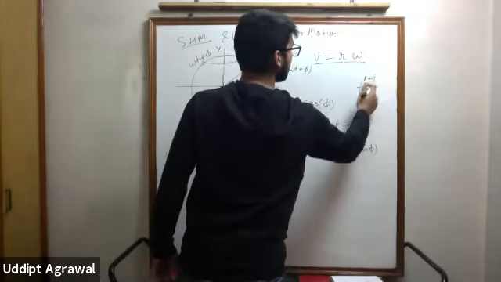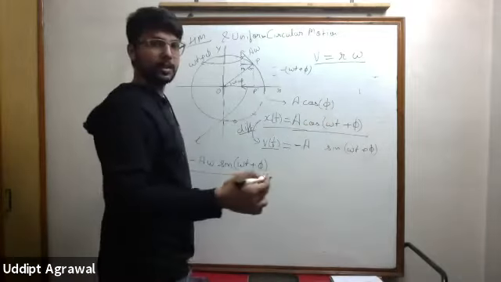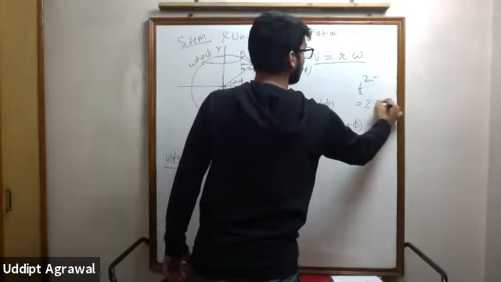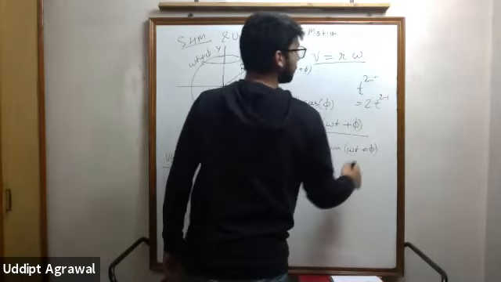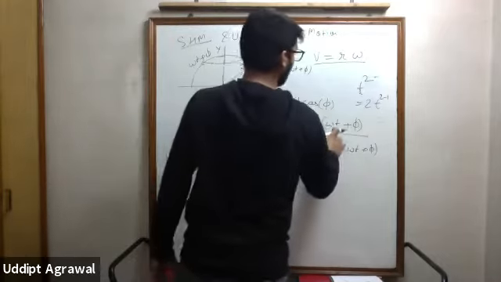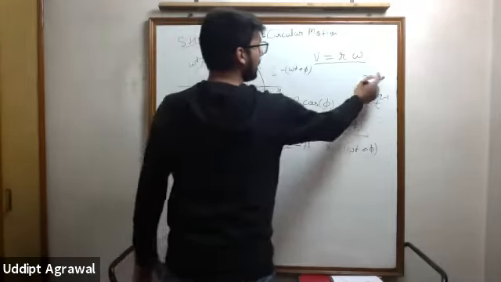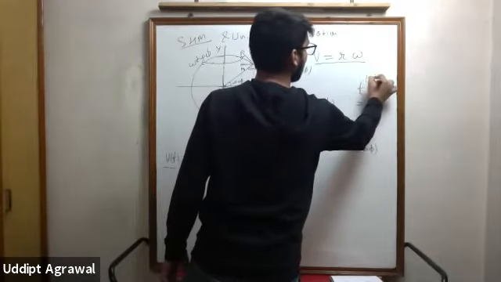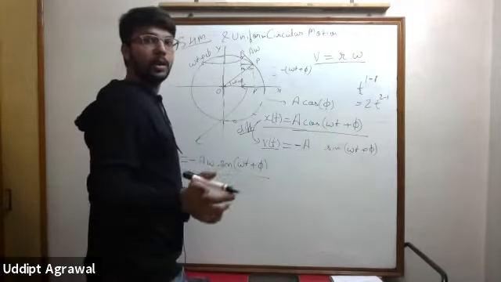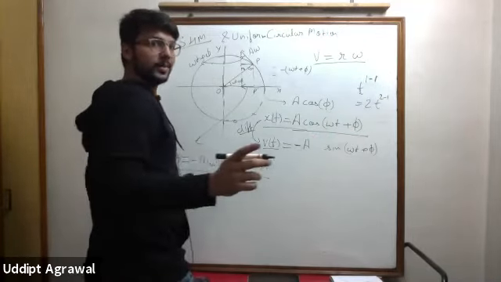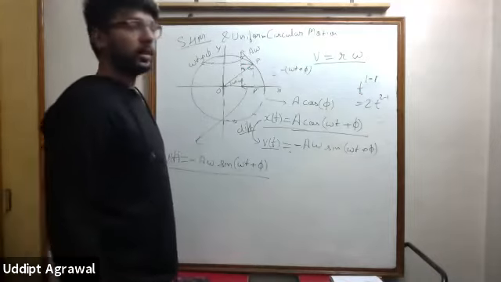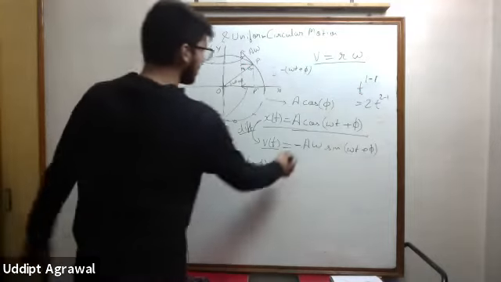If it was t to the power 2, it becomes 2t, 2 minus 1, which is 2t. So here this will become t to the power 1 minus 1, which will be 0, which is 1. Got it, Harsh? Yeah. So this becomes a omega sine omega t plus phi, which is the same.